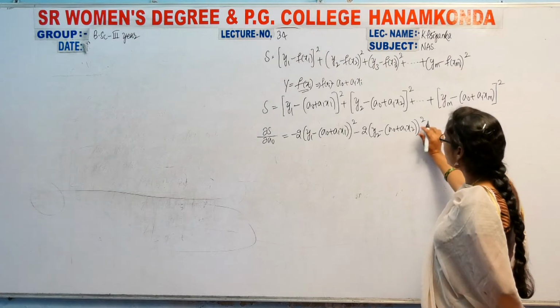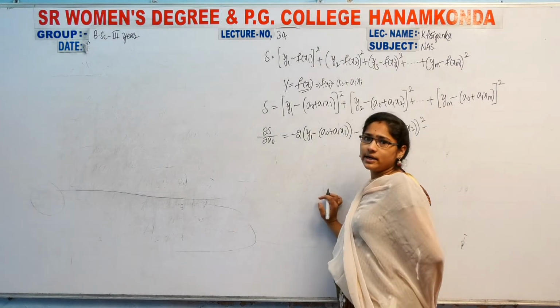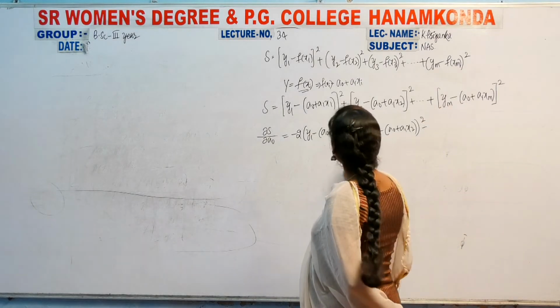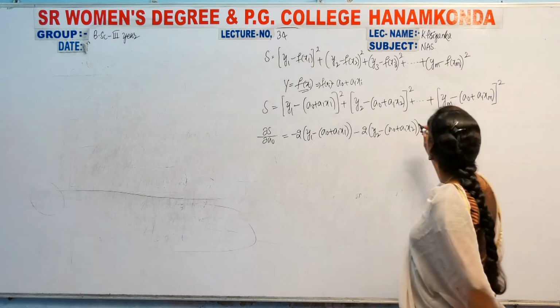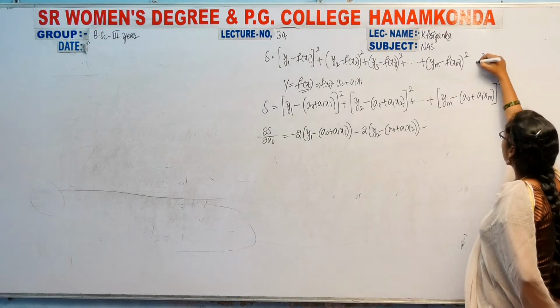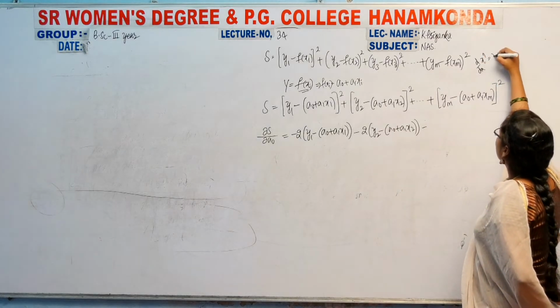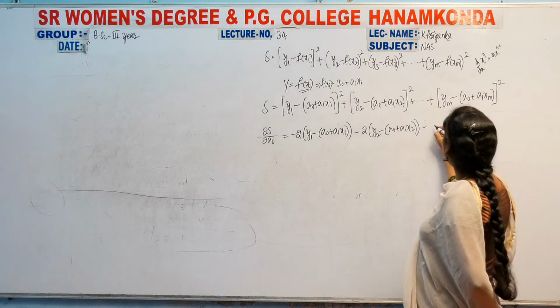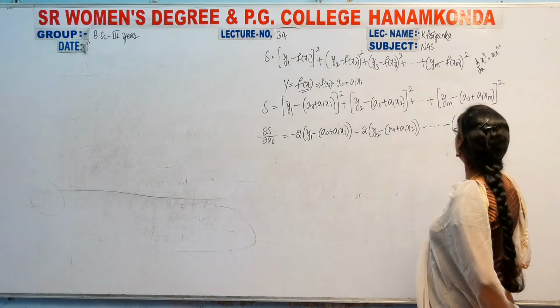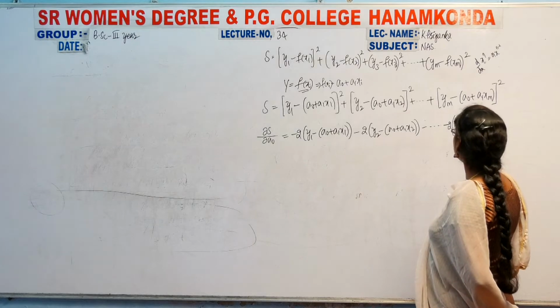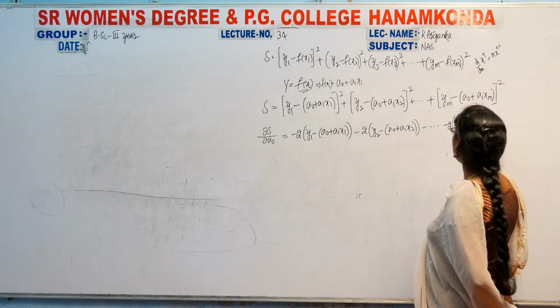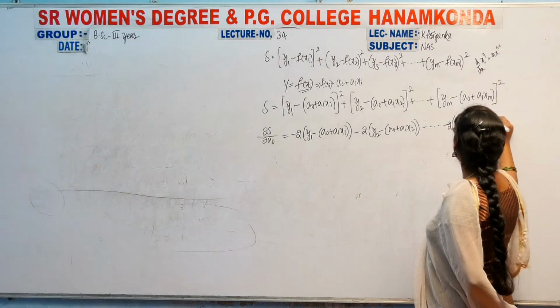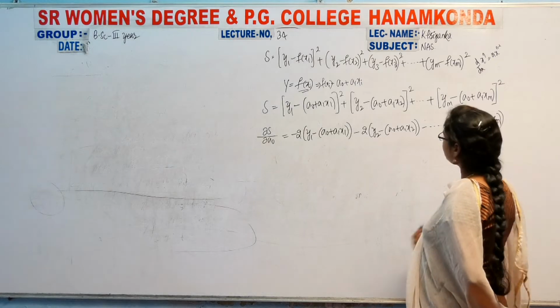Whole square means whole to the power 2 minus 1, that is 1, because the formula for d by dx of x power n is n into x power n minus 1 and the inner function derivative. Then minus so on, minus 2 into ym minus a naught plus a1 xm.